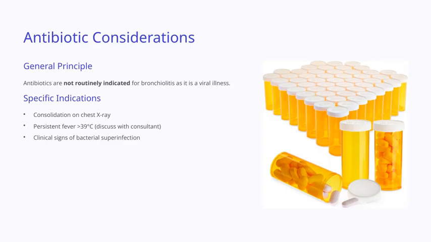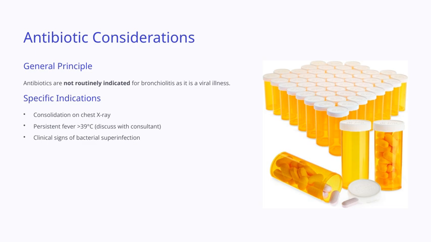For example, if there is consolidation seen on a chest X-ray that could suggest a bacterial pneumonia, antibiotics might then be appropriate. Another indication is persistent fever greater than 39 degrees Celsius. But in such cases, it's important to discuss this with a consultant to determine whether antibiotics are truly needed.